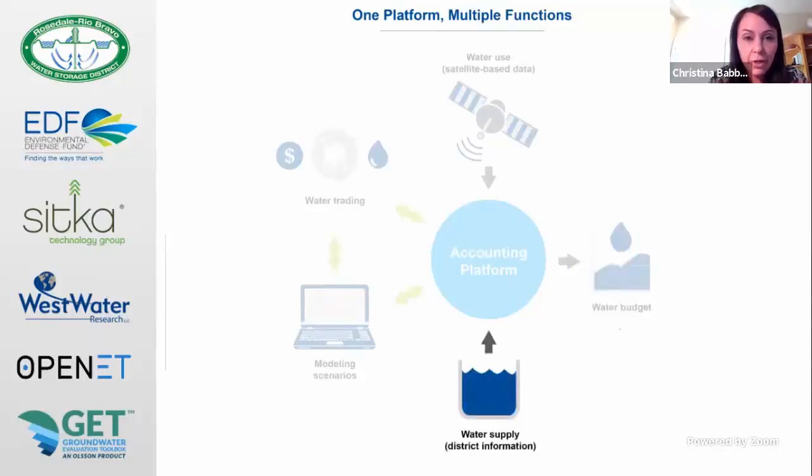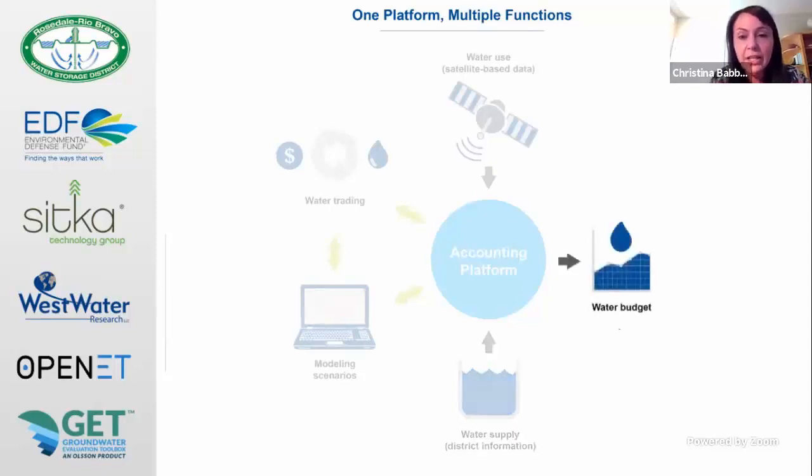All the buckets of water that are coming in are not always the same, and they often have different rules associated with how they can be used. The next slide will bring us to the water budget. When you measure both water usage and supply, the landowner and district can really better understand their water budget via either a landowner dashboard or a water manager dashboard, which I'll show you in just a minute.